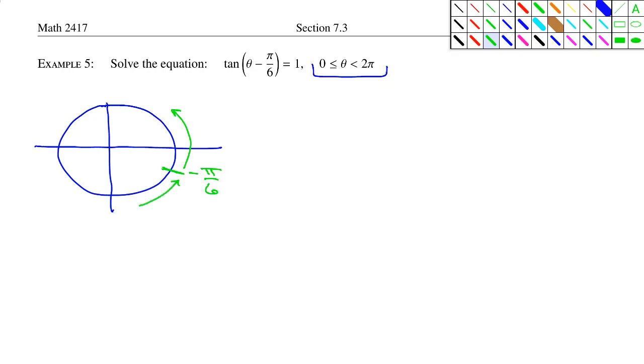And the reason for doing that is because of the following. If we have 0 is less than or equal to theta is less than or equal to 2 pi, and I try to mimic what I have in the angle for the tangent, then I need the inside of this inequality to be theta minus pi over 6. Well, that means I need to subtract pi over 6 from both sides.